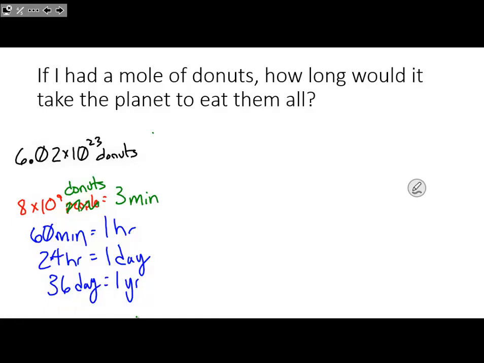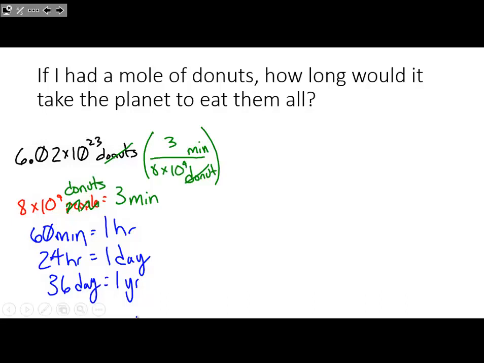So, we need to convert donuts to minutes, so we'll use the conversion factor. Since donuts is our previous unit, donuts go in the denominator because anything divided by itself cancels out, and we end up with minutes. Every 3 minutes, we're going to eat 8 billion donuts.